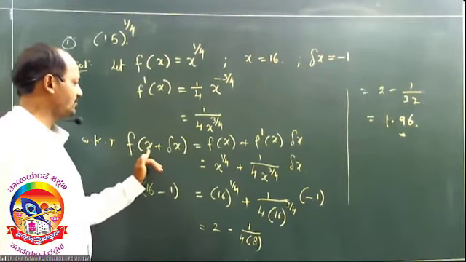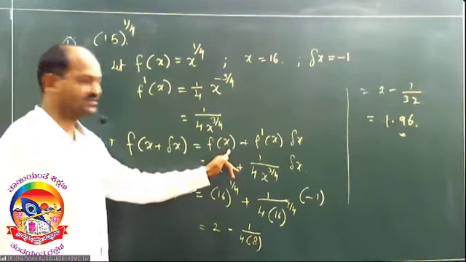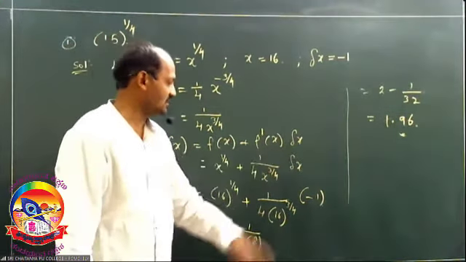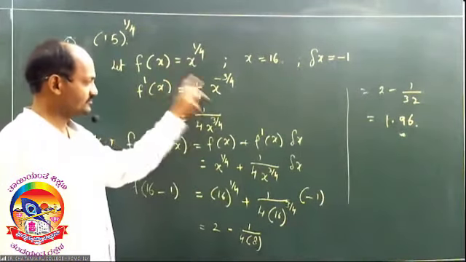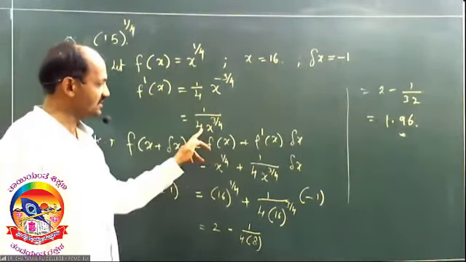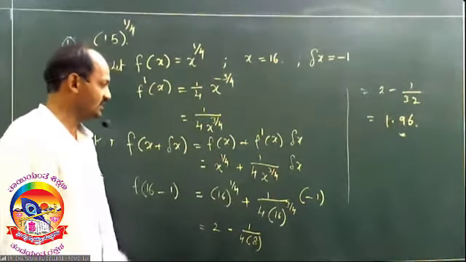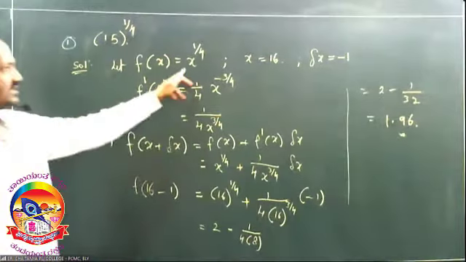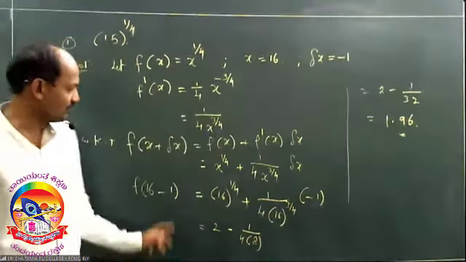That is f of x plus delta x is equal to f of x plus f dash of x into delta x. So f of x is x power 1 by 4, f dash of x is equal to 1 by 4 x power 3 by 4 into delta x. Then substitute the x and delta x values: x value 16 and delta x value minus 1.